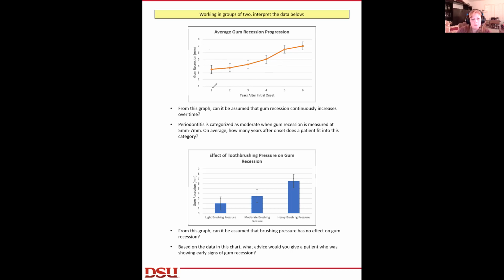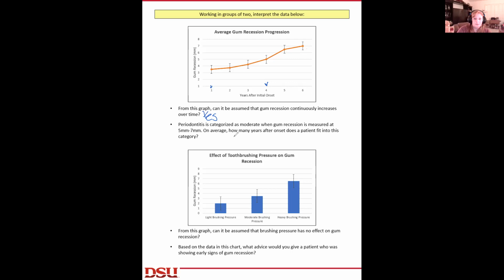So we will look at year 1, we're at about 3.5. I'm going to jump over here to year 4. We've come all the way up to 5. And by year 6, we're at 7. So can it be assumed that gum recession continuously increases over time? Yes, it can. We can see it displayed very nicely right there.